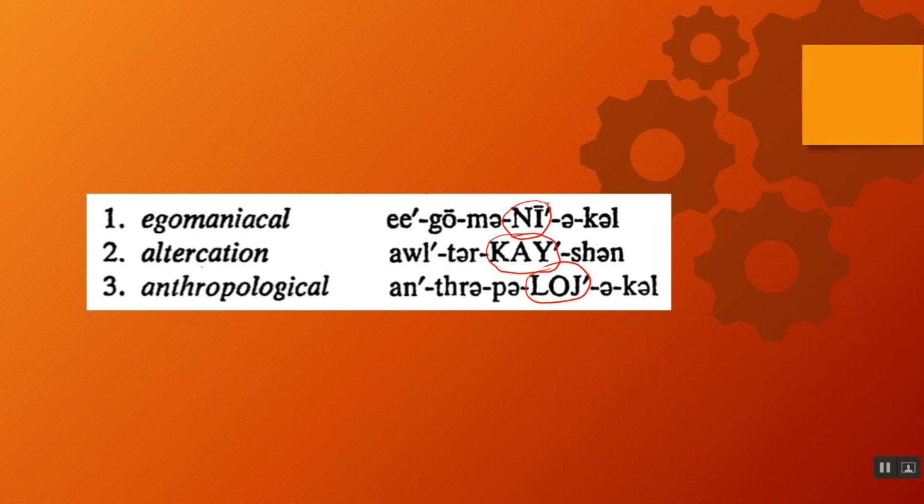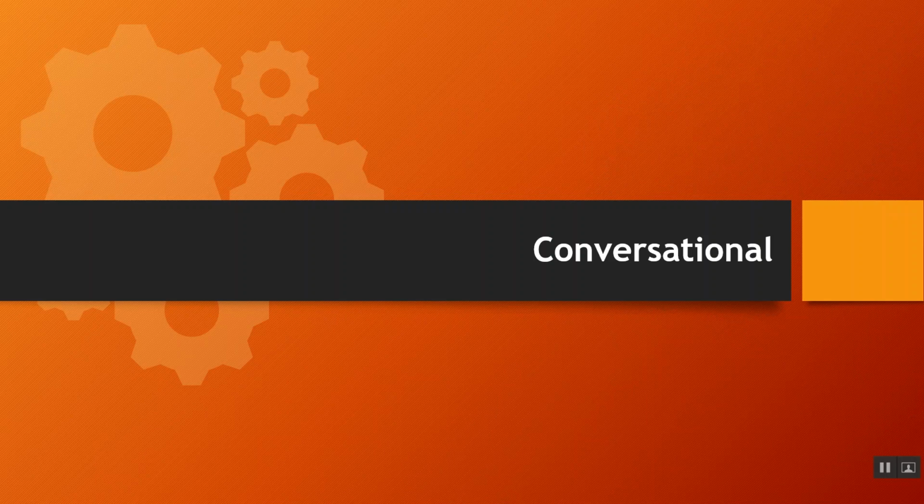And this bar over I indicates long I, and without the bar it is E. So it is egomaniacal, altercation, anthropological, conversational, egotistical. The tis part is emphasized. Altercation, the K part is emphasized.